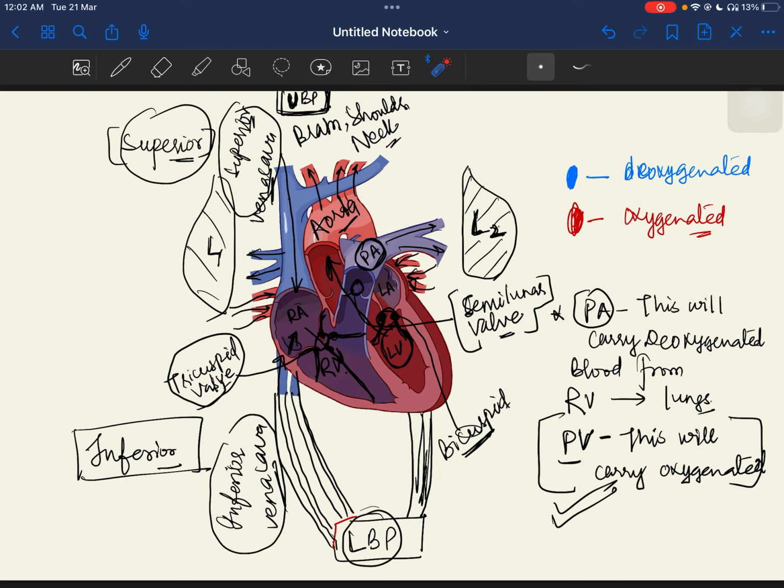Okay, now at this point there is a tiny junction. You will see tiny junctions from here and here. Those junctions are for the transportation of blood to the heart muscles. Those are called the coronary arteries. So that was the function of the heart.